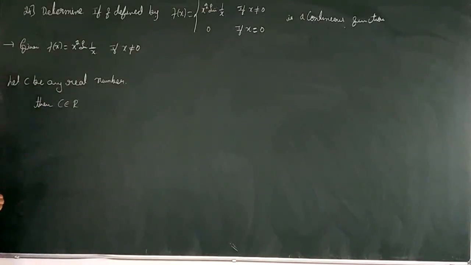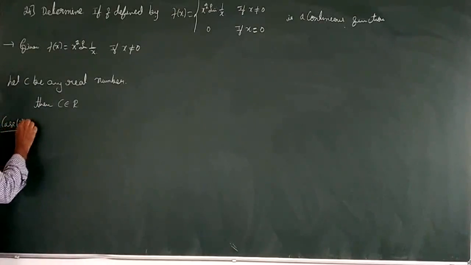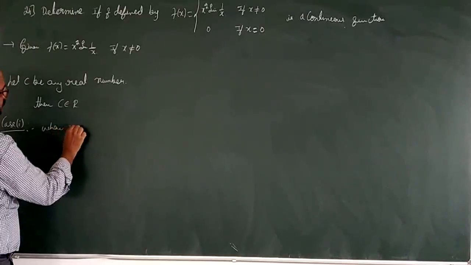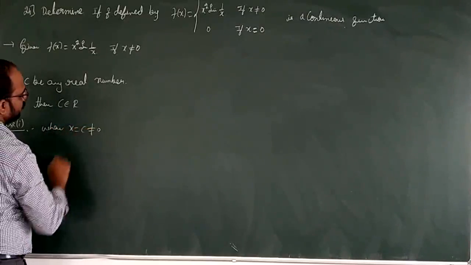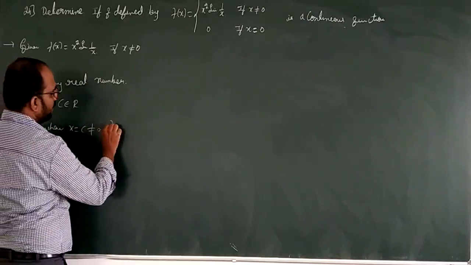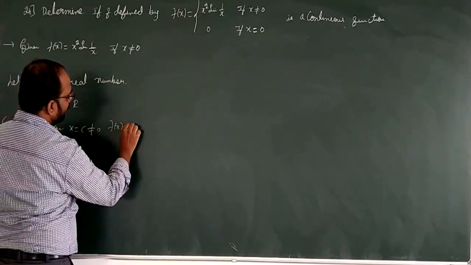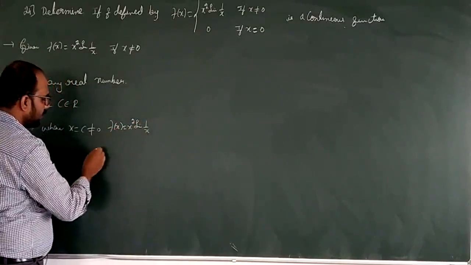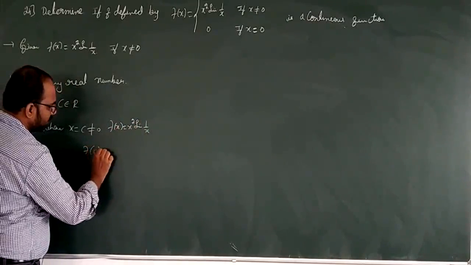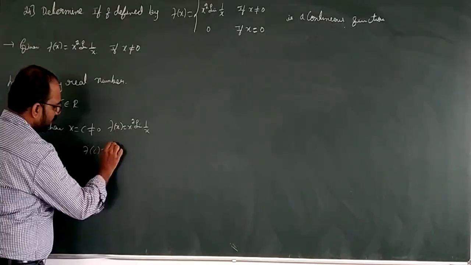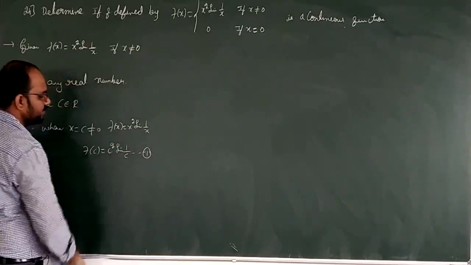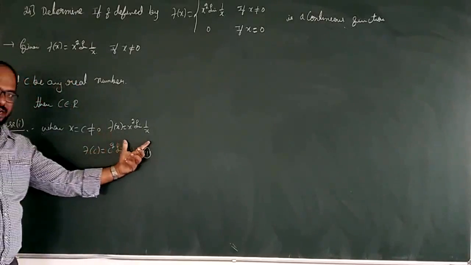Case 1: when x is equal to c, c not equal to 0, f of x is equal to x square into sin of 1 by x. Substituting c in place of x, f of c is equal to c square into sin of 1 by c. This is called equation 1. Now apply limit on both sides.